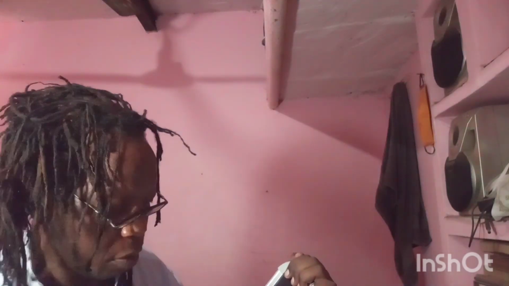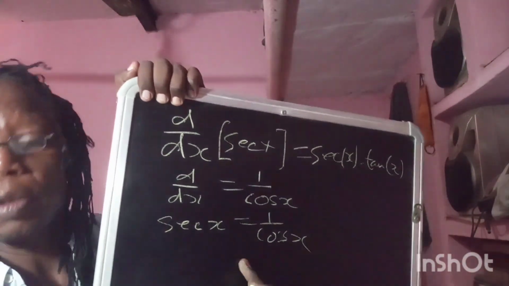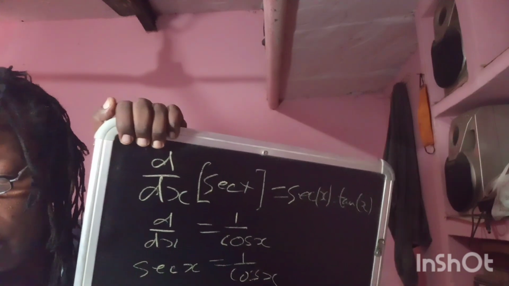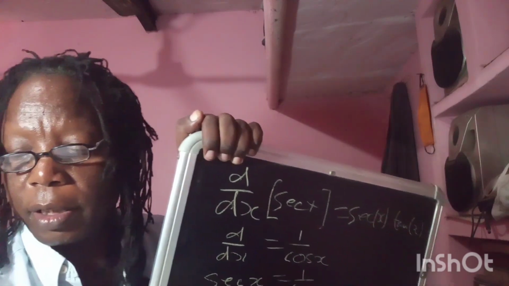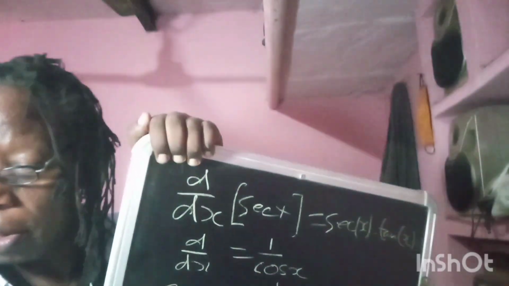So stage 2 we'll go to secant x equals 1 over cosine x. This is stage 2. We are trying to go further down, and we already know the formula. That's d/dx of f over g equals g f prime minus f g prime over g squared. I've written you the other thing I've just done.